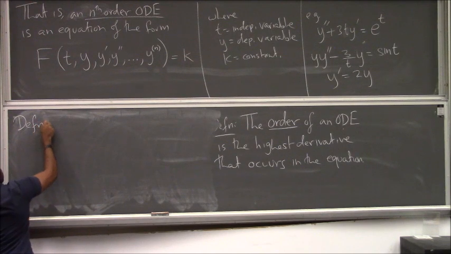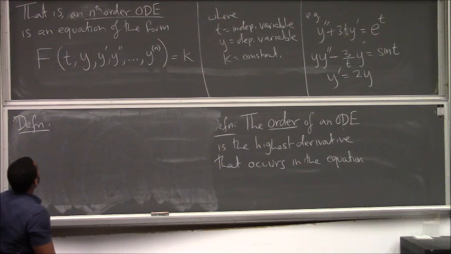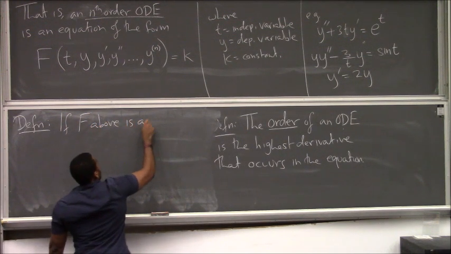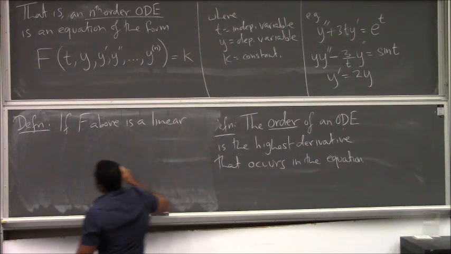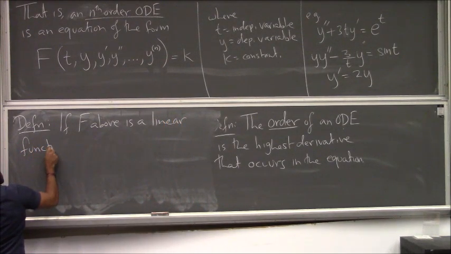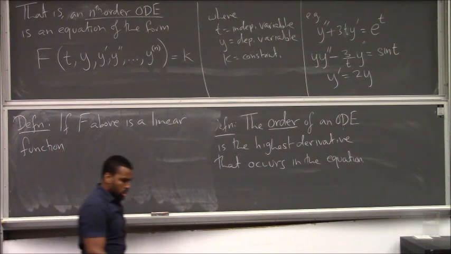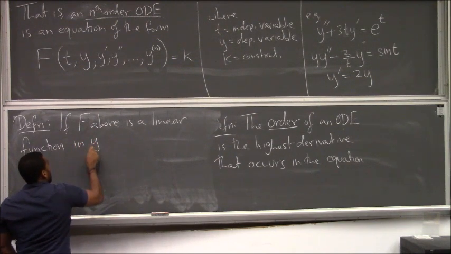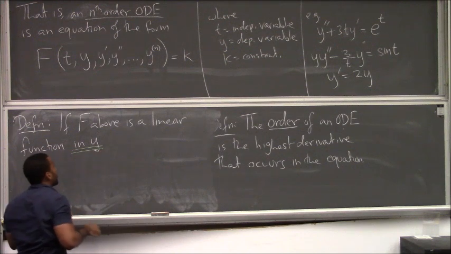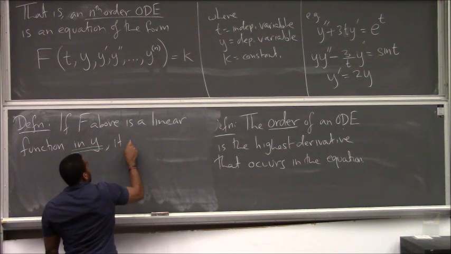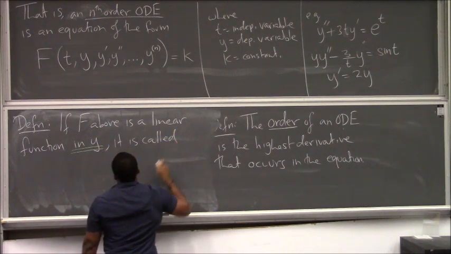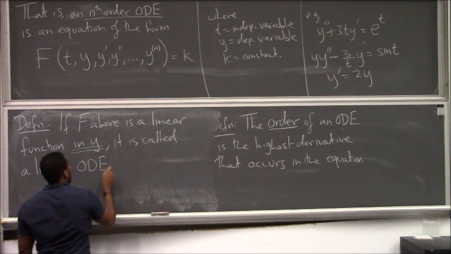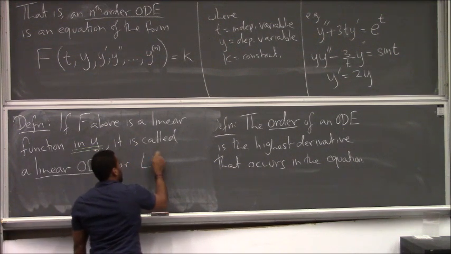Definition. If f above is a linear function in the dependent variable, it is called a linear ODE, or if I'm lazy, LODE.